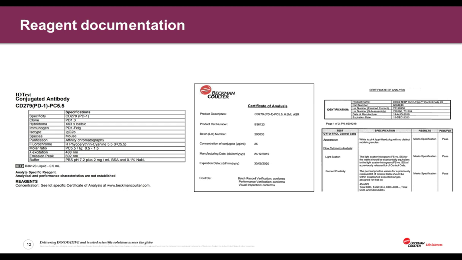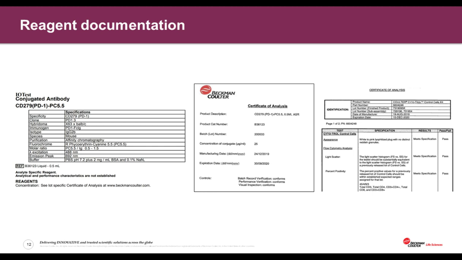Now, I just want to show you for illustrative purposes the reagent documentation that comes with some of these ASR reagents specifically. They'll come with their own pre-qualified specifications, and these specifications will show you the clonality, as well as fluorophore to protein ratios.